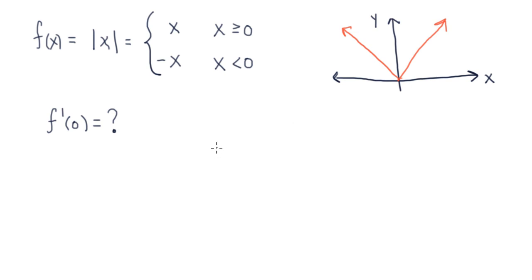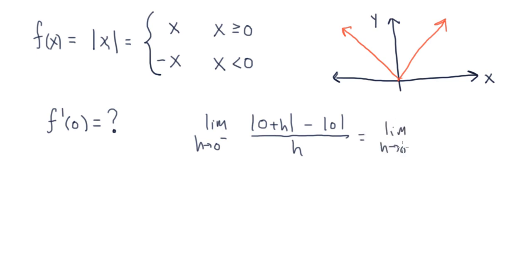Well, let's look at the two limits. Let's look at the left-hand derivative and the right-hand derivative. So the limit as h approaches 0 from the left of absolute value of 0 plus h minus absolute value of 0, all over h. Well, this is just the limit as h goes to 0 from the left of absolute value of h over h.